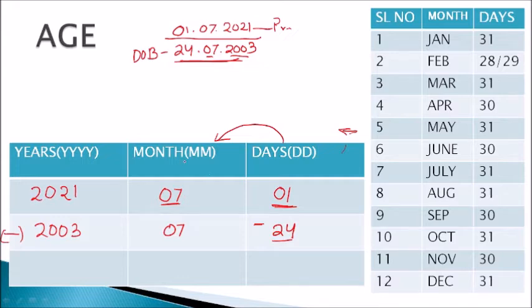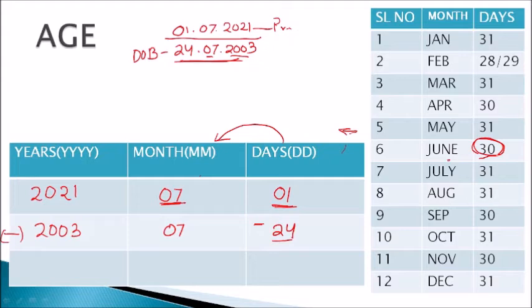Remember this: whenever you are borrowing days from the month, you have to borrow the days from the previous month. Like its 7th month is July, you have to borrow the days from the previous month, that is the 6th month, June, so you have to borrow 30 days.